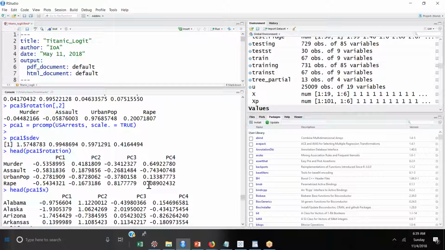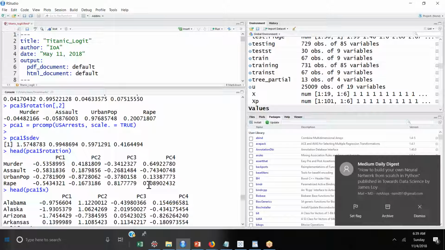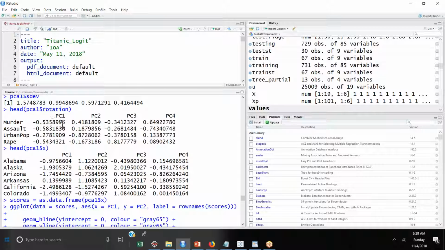What is the purpose of the rotation? The first axis is identified as the maximum variance explaining axis. The second axis is perpendicular to that, and it explains the next maximum variance in the data. The third one explains the third maximum variance, and so on. Okay.